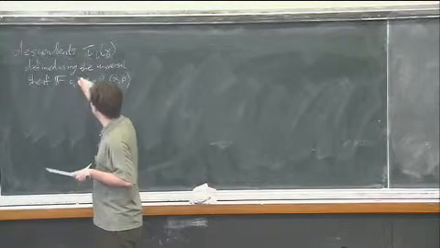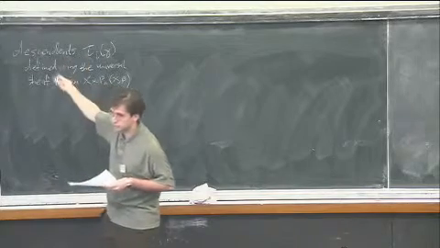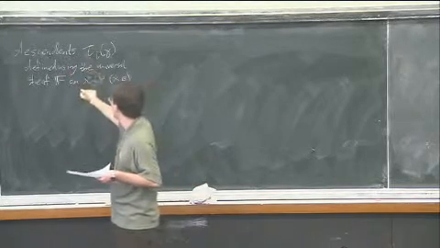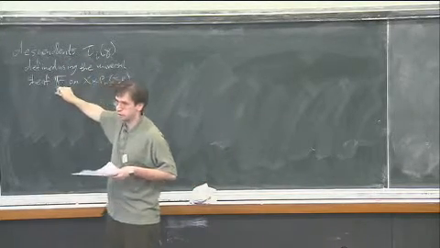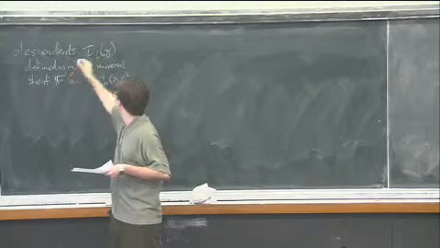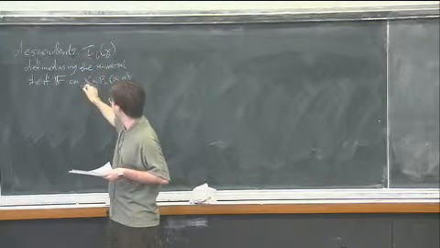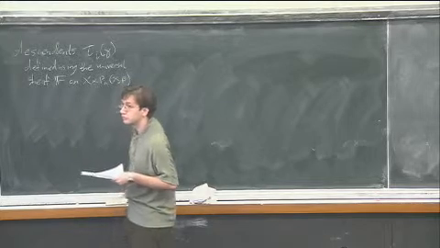Basically, descendants are a homology operation that twists what you have by Chern characters of this universal sheaf. And you also take cohomology classes on X. That's what this gamma is.